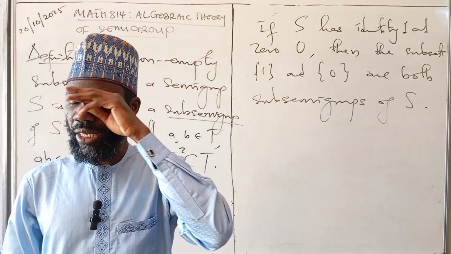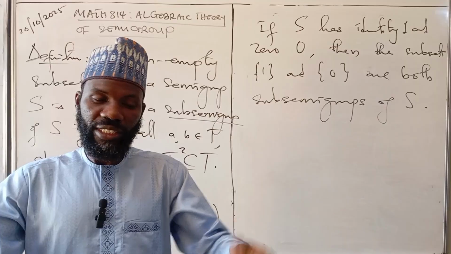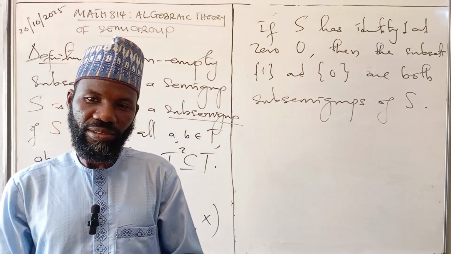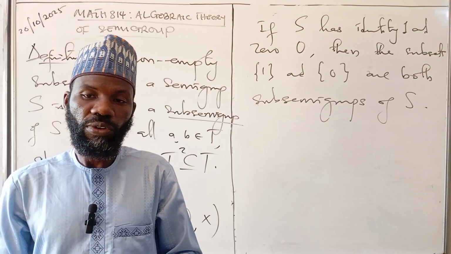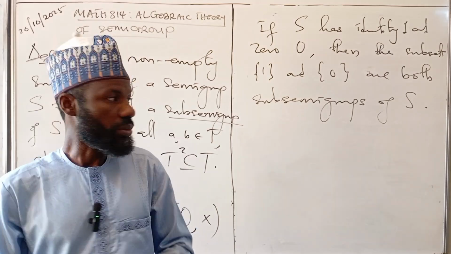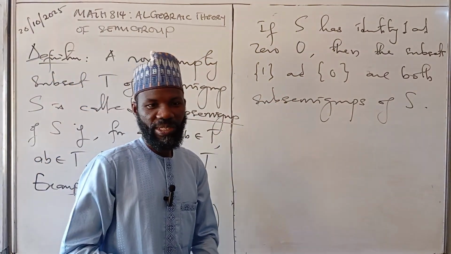Likewise, if you take the zero element and multiply, you get the zero element back. So these singletons form subsemigroups.